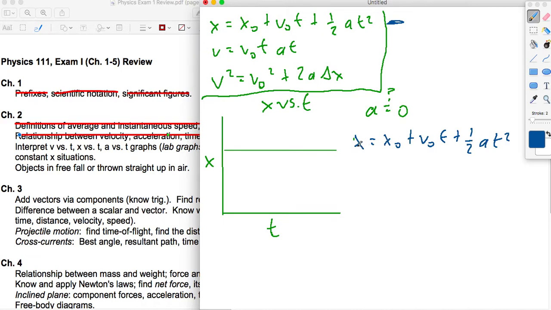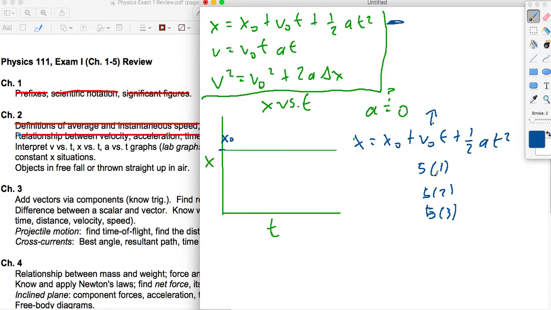Notice how there is an x and there is a t, right? So x equals x naught. Well, this seems to be x naught, because that's where it started. What's for v naught? And it depends on t. If there was a velocity over time, it would have to be increasing, right? Because let's say 5 times 1, 5 times 2, 5 times 3, and so on.